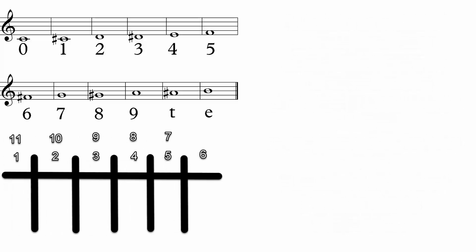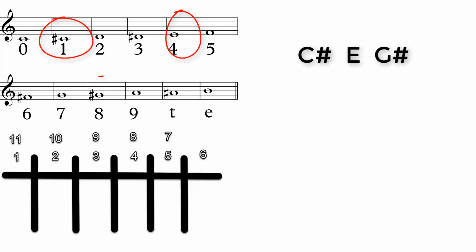Let's spell a C-sharp minor chord, and then what we're going to do is represent it in interval notation, and then I'm going to show you how to use an interval vector to represent this chord, and we're taking a look at another chord after that. So C-sharp minor, and if you don't know how to spell chords, please watch Music Theory in One Lesson, is spelled C-sharp, E, G-sharp.